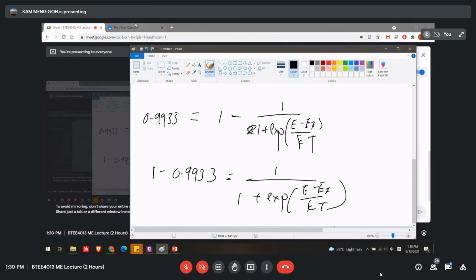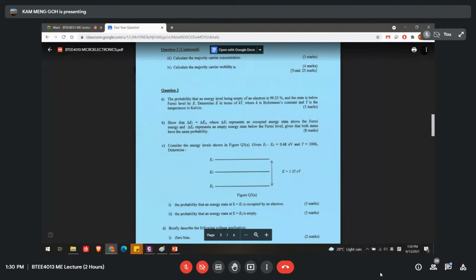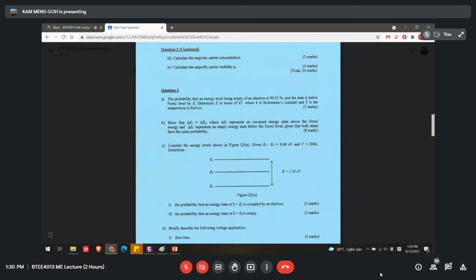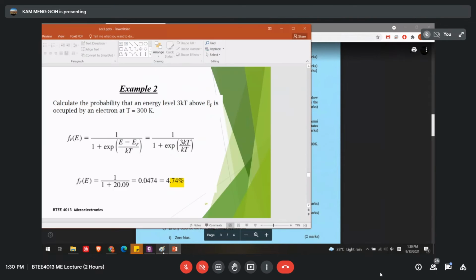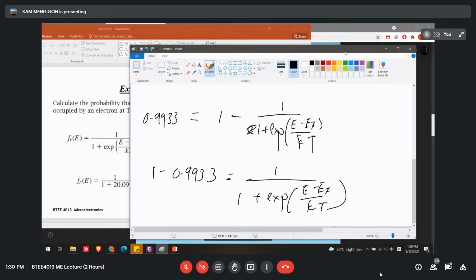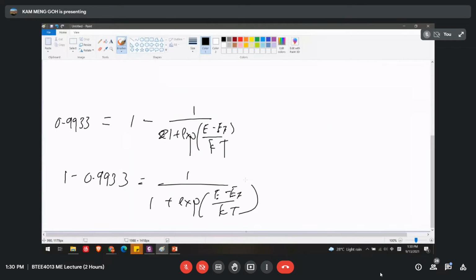And the question asks you to express the E in terms of kT, which means you are going to shift this formula to the right one. So 1 minus 0.9933, you get 0.0067 equals 1 over 1 plus exponential (E minus EF) over kT.